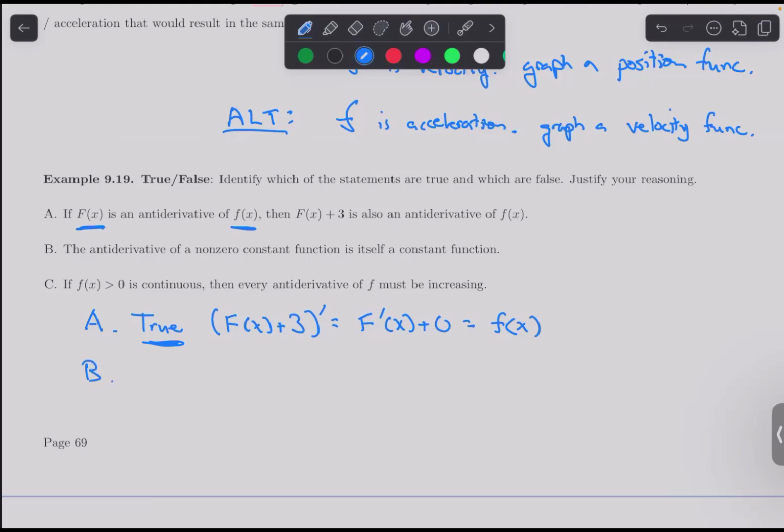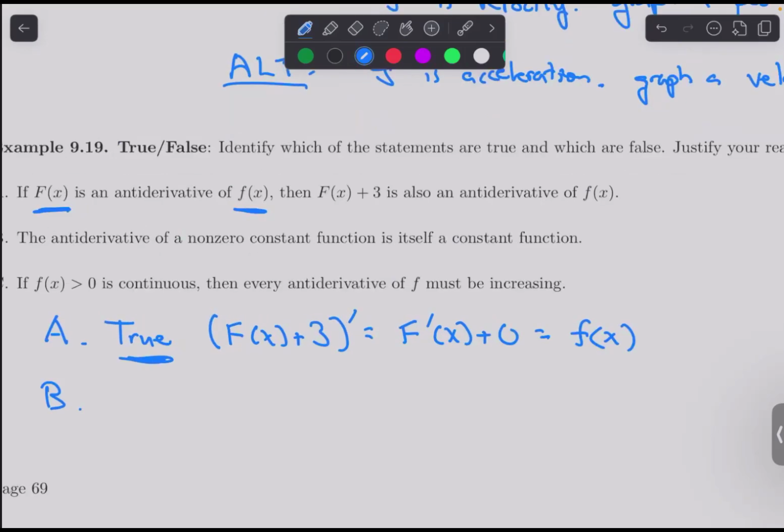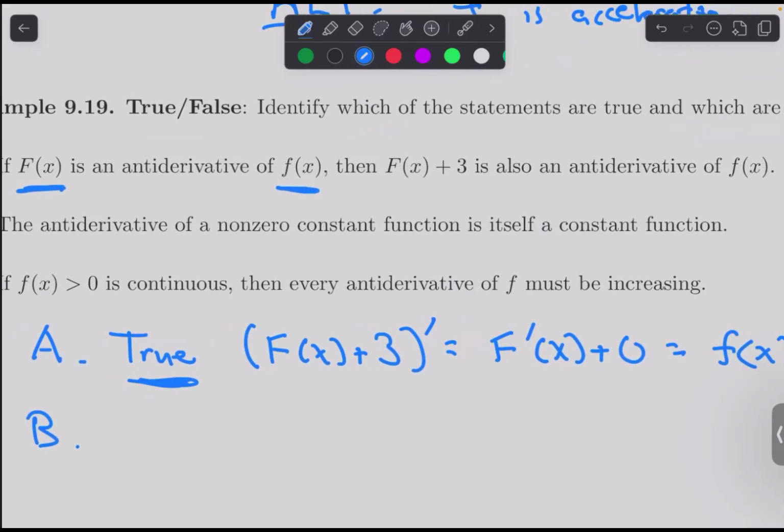Next up, statement B. The antiderivative of a non-zero constant function is itself a constant function. All right, so a little bit to unpack here. A non-zero constant function, and we have something that we need to take the antiderivative of. So I'm going to go ahead and just try to do an example here. For a non-zero constant function, I'm going to use 5, and I need to find the antiderivative.